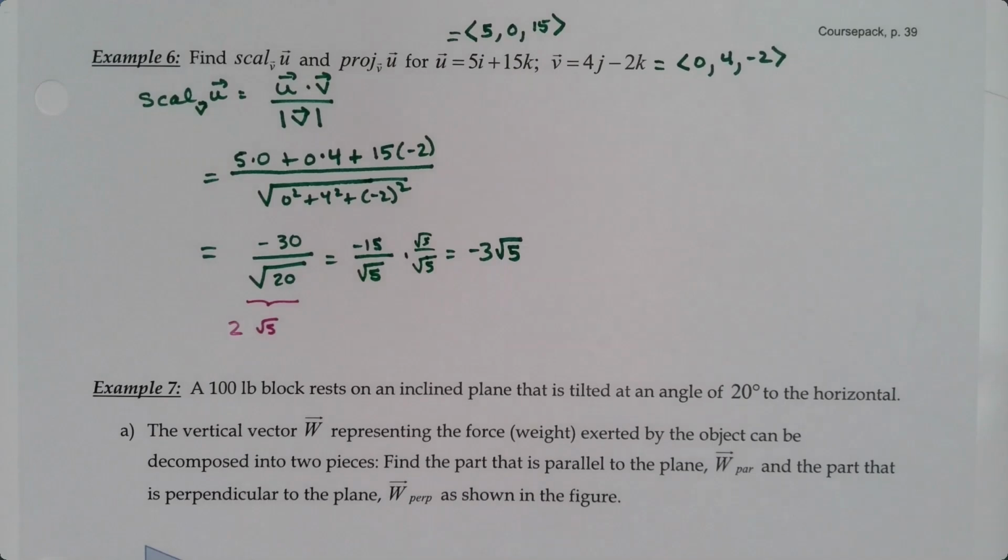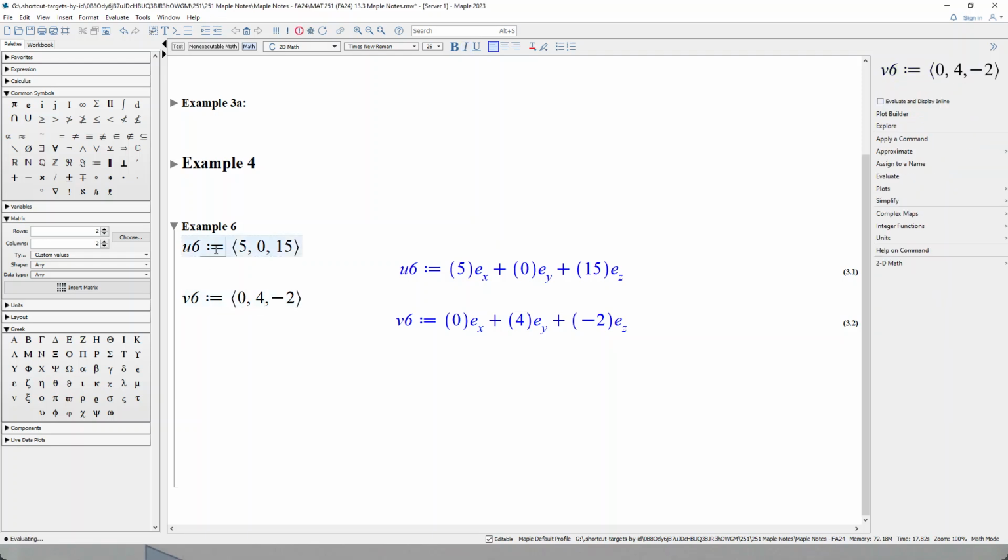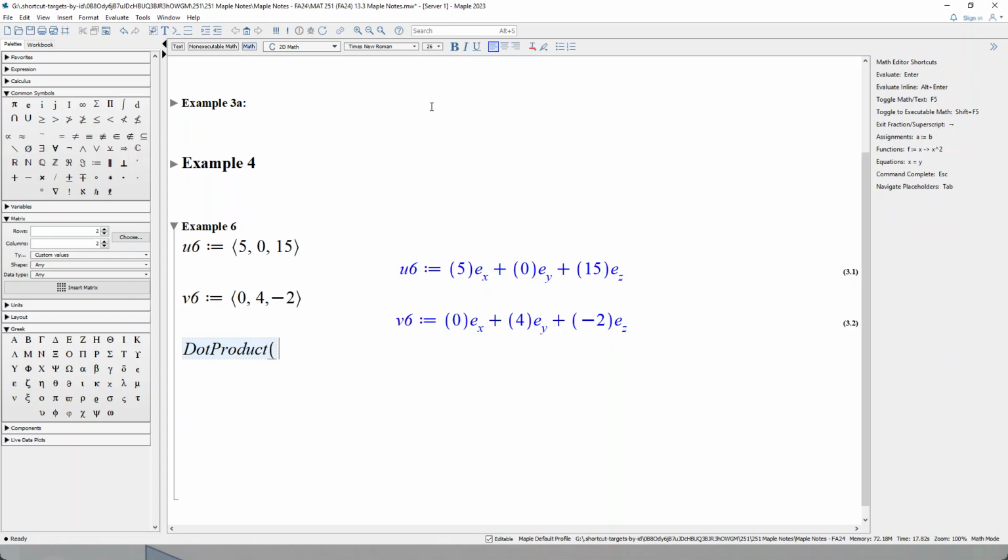Now, before I circle that, I'm going to see if Maple agrees with me. So let's go check it. All right, so I have my vector u right here, and I've labeled it u6 because this is example 6, and then I have my vector v. So now I want to find the dot product. So DotProduct of u6, v6.